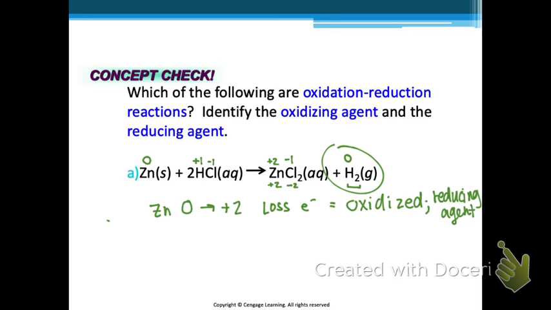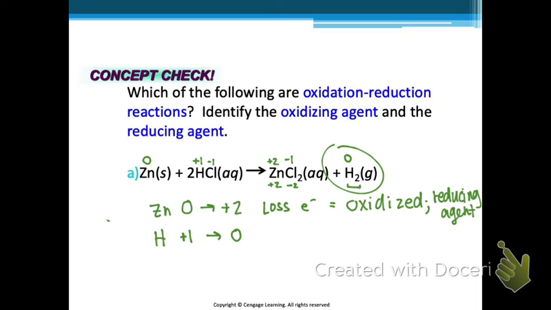Right? If it's been oxidized, it is also the reducing agent because it gave up 2 electrons. Now, those electrons couldn't have gone to nowhere. Some other element had to have changed. Some other element had to have been reduced. So which was it? Hydrogen. Hydrogen goes from a +1 to a 0.